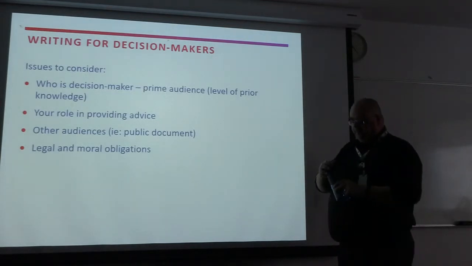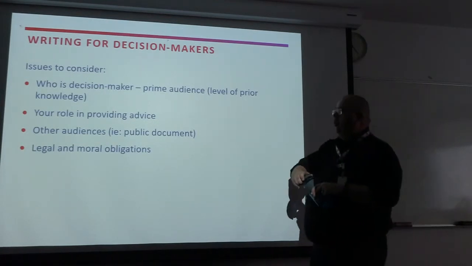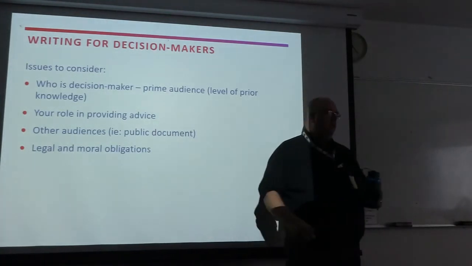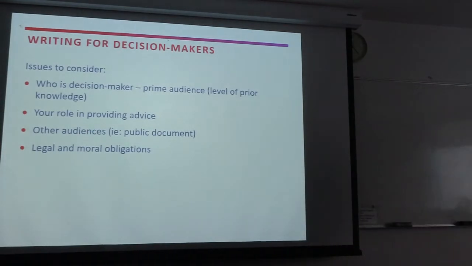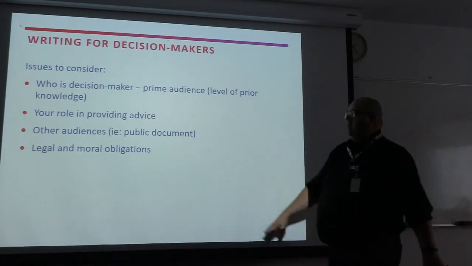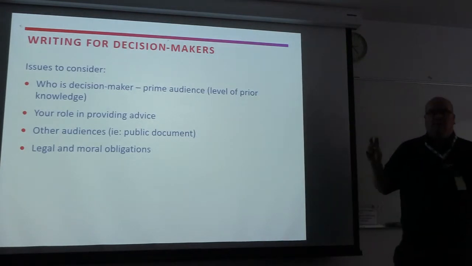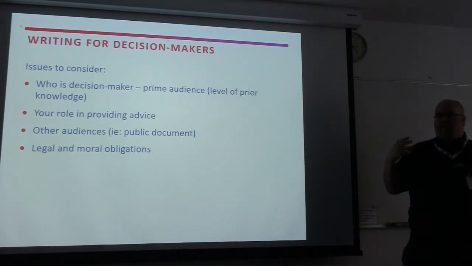Another matter is what other audience may be involved. If I'm writing a council agenda, it's a public document. It will be on the website, can be searched, and there will be my name against it. If I'm writing a proof of evidence to the tribunal, so there's another one here, I'm acting as an expert planner, independent of council, even though I'm employed by council.